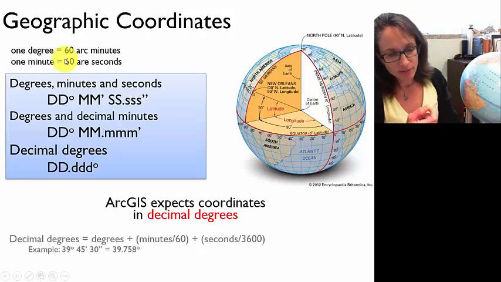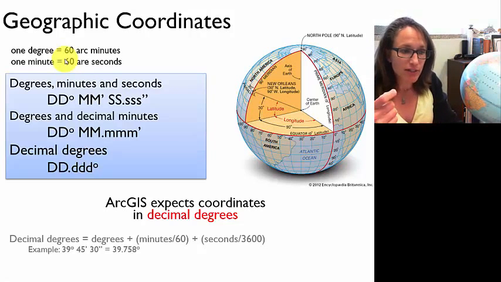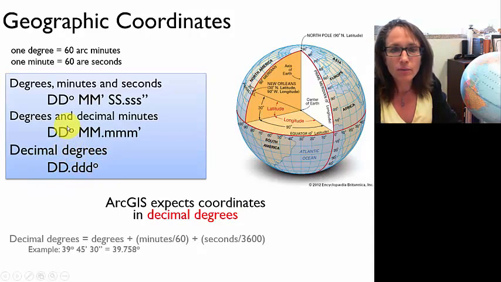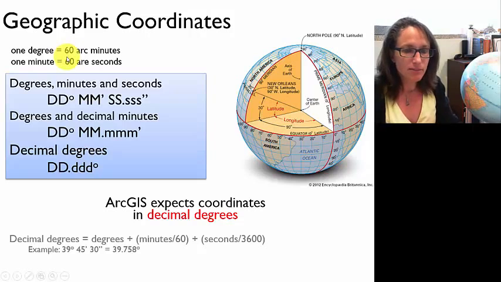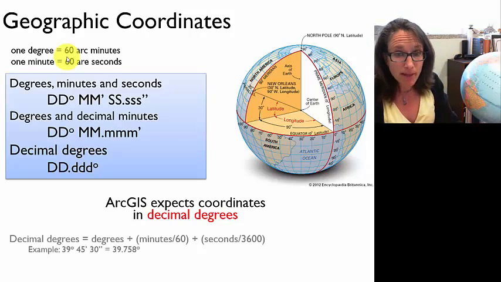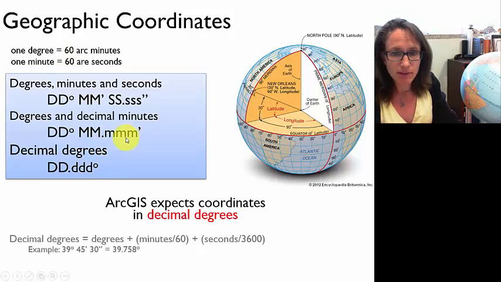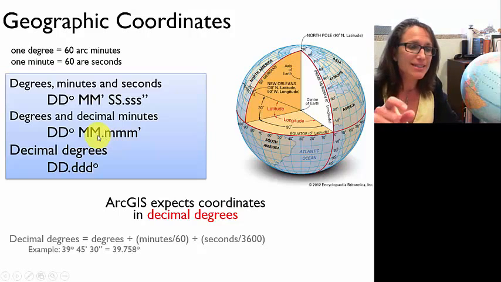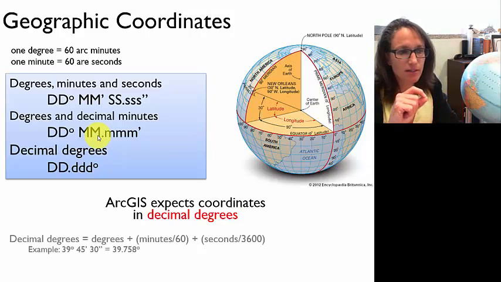So in order to express fractions of a degree, we can do that in just decimals, in decimal degrees, or we can use minutes. There are 60 minutes per degree, and then if we need to express fractions of minutes, we can use decimal minutes. So we can say 20.12 minutes, or we can convert that 0.12 into seconds, and there are 60 seconds per minute.